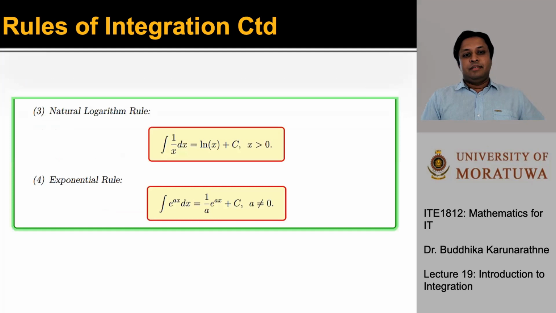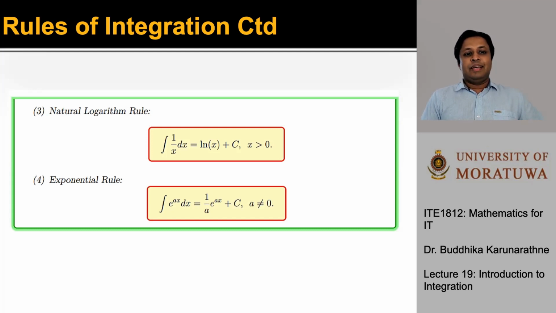So let's see what happens when n is equal to negative 1. That is the natural logarithm rule. When n is equal to negative 1, we have 1 over x. When you integrate 1 over x with respect to x, it is the natural logarithm ln x, plus the constant, where x is greater than 0.